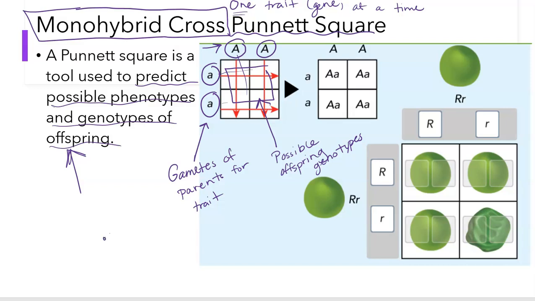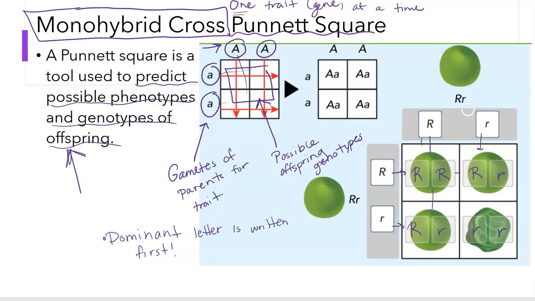The dominant letter is always written first, if it is there. And then we write the recessive. So here in this example, the big R would get carried all the way down, and then this little r would get carried down. I'm going to write it here just to be safe because recessive gets written second. So little r, and then we'll move on to here. This one gets carried across. So another big R, and down here as well, and across here, big R, little r, little r, little r.